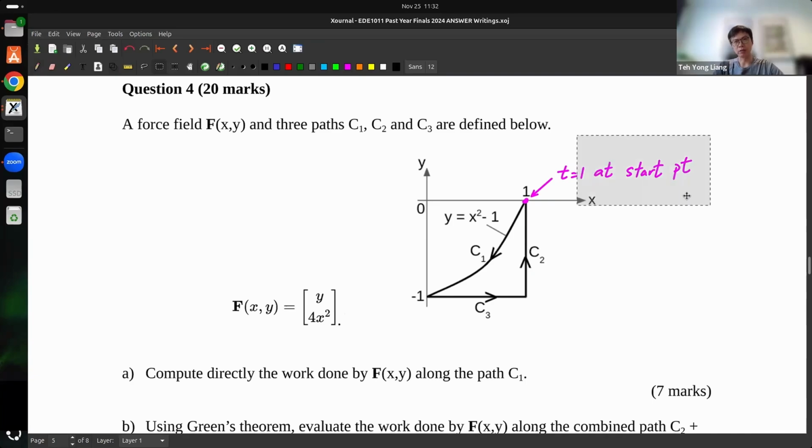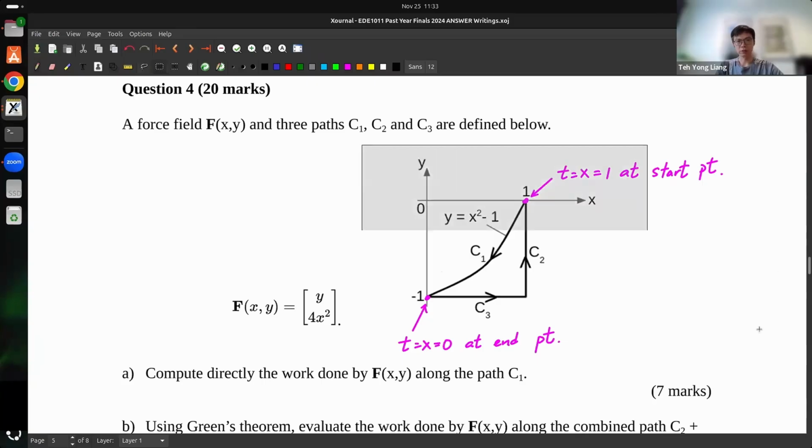Because t is x. Just now we let x be t, so t equals x equals 1 at the start point. Then here is your end point, so t equals x equals 0. So therefore, at the end, it must be 1 to 0.